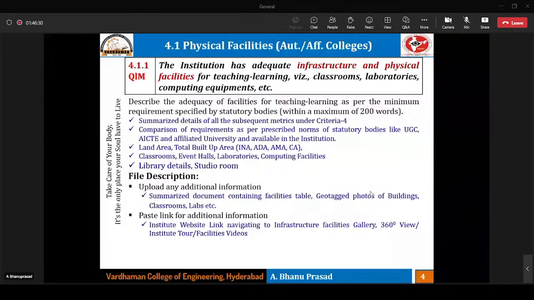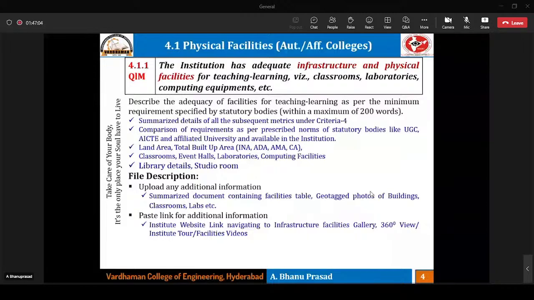As we have seen, we have 4 metrics. All these 4 metrics' summarized values can be put into this particular 4.1.1, where you can describe the comparison of what the statutory bodies like AICTE or UGC or the affiliated university have prescribed and what the institution actually has available, with the percentage.